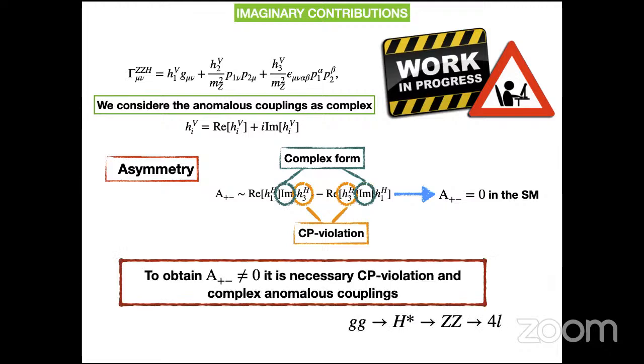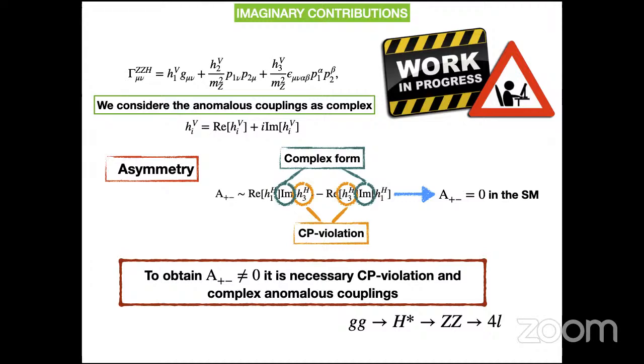So, in brief, to obtain an asymmetry different from zero, it is necessary to have CP violation and the complex anomalous coupling. Again, in classical calculations, these kinds of couplings are not considered as complex. What I'm saying is that the imaginary parts are relevant.